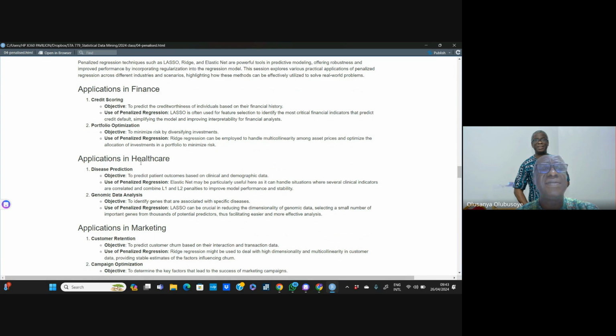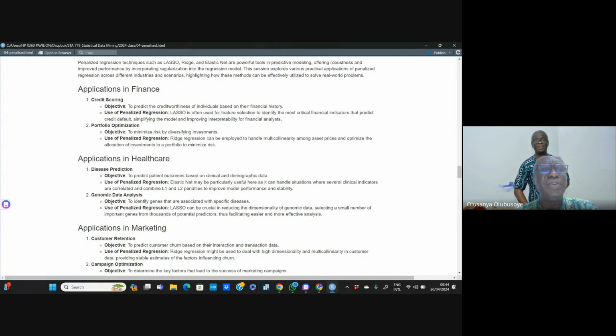In the healthcare sector, you can use it for disease prediction, to predict patient outcomes based on clinical and demographic factors. So you can choose the best subset or the best features, clinical features, demographic features that will help to predict patient outcome, maybe for COVID or any disease for that matter.